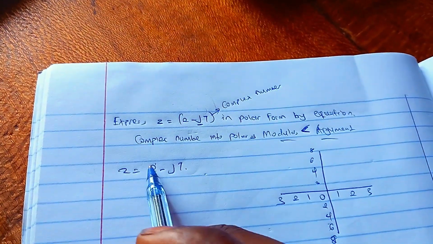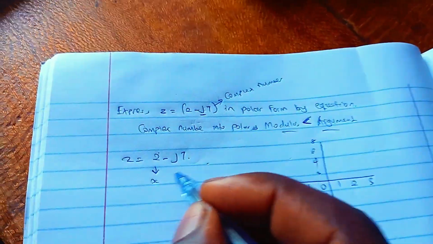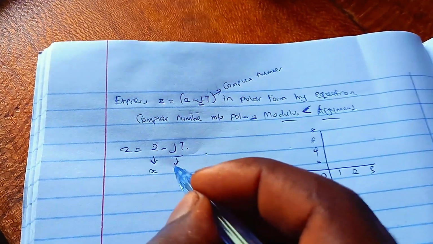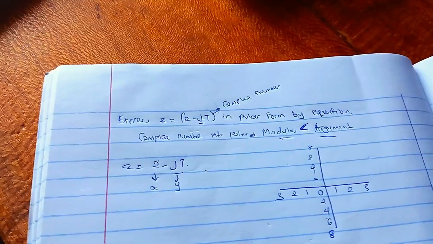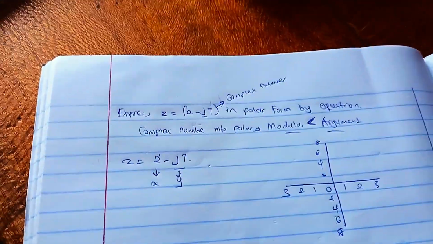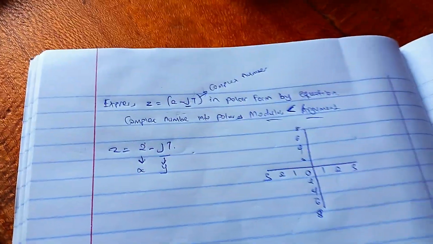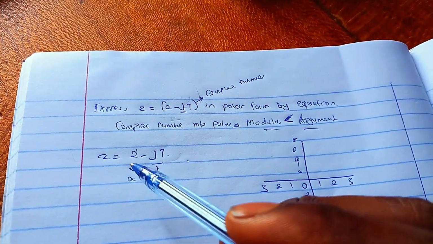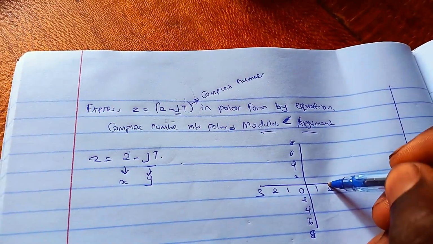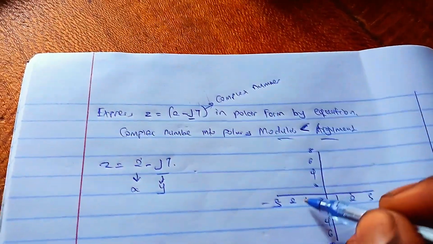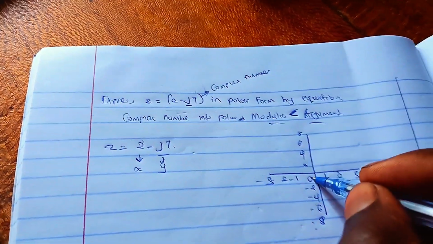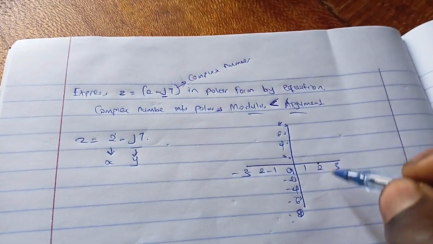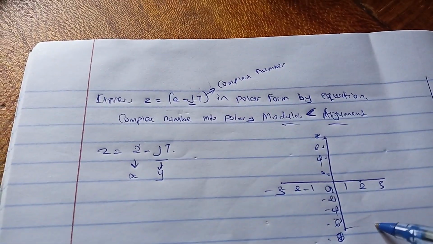This is the complex number itself, where 2 is the value of x and j7 is the value of y. The first digit in a complex number is always the value of x, and the second digit is always the value of y. So it is 2, negative 7. Don't forget the j. Let's say it is somewhere here.